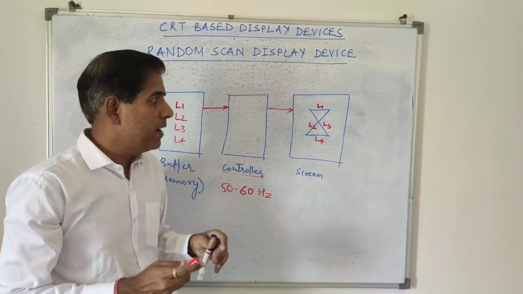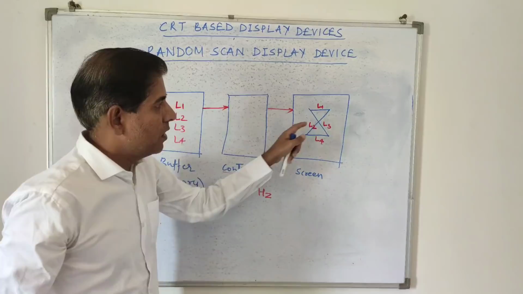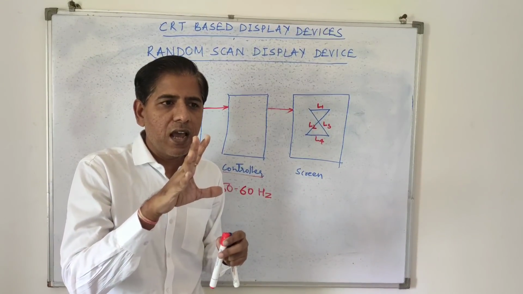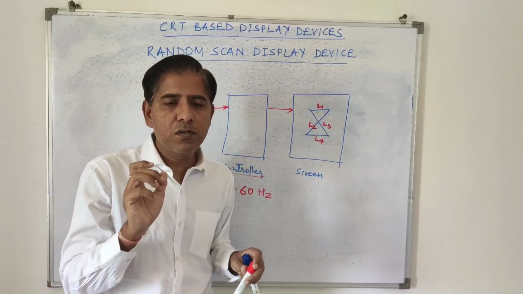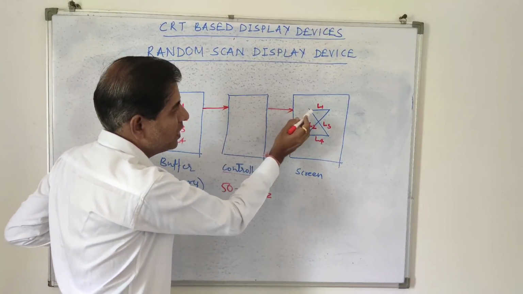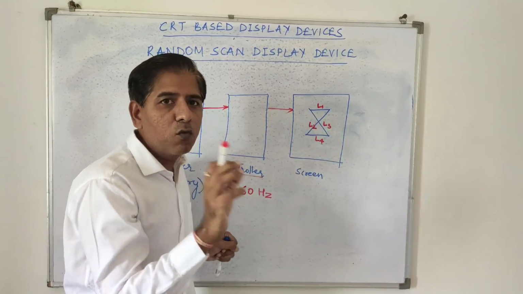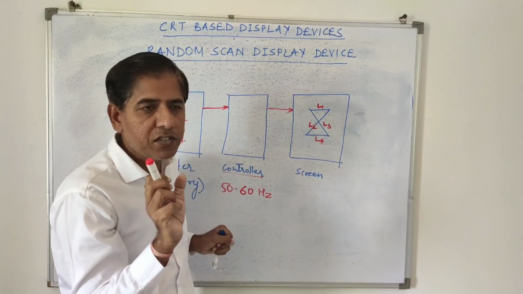And these L1, L2, L3 and L4 appear and diminish about 50 to 60 times in a second, because once the information is transferred to the screen, these 4 lines would illuminate and remain for some milliseconds, and after that diminish.